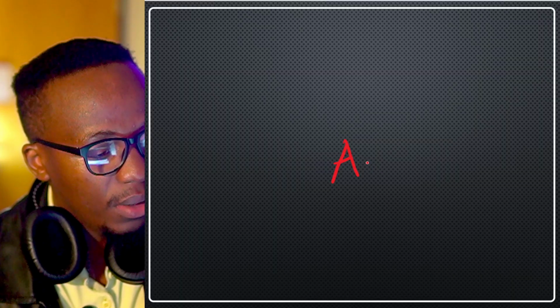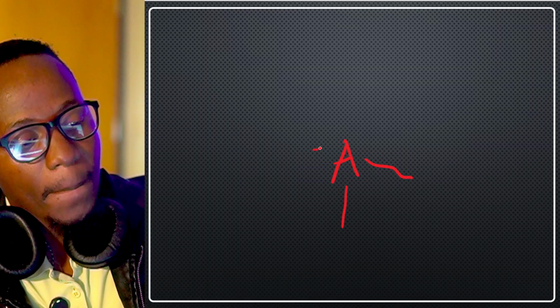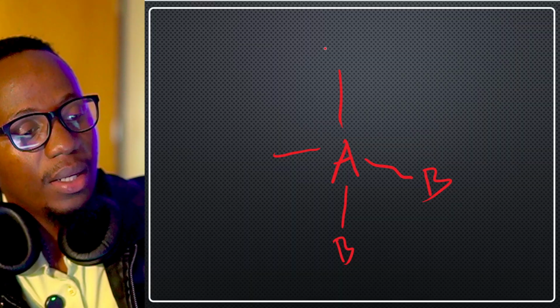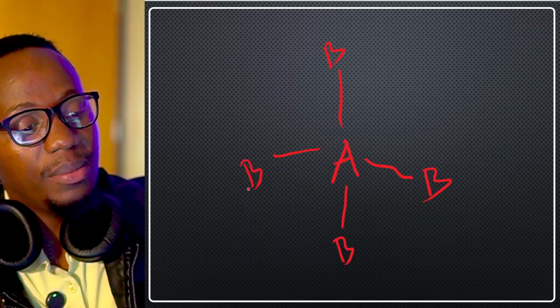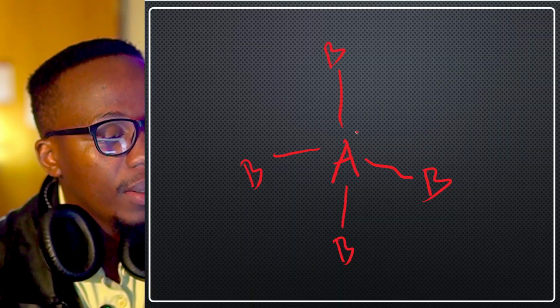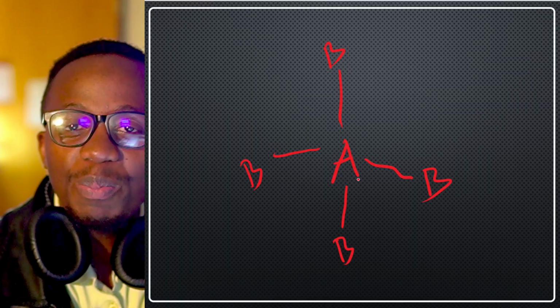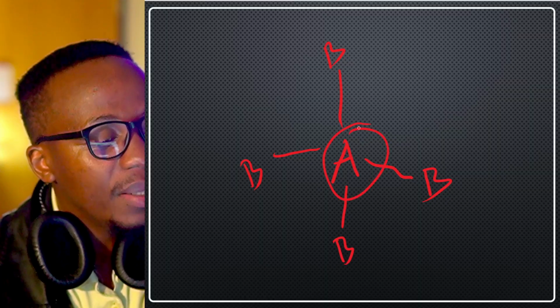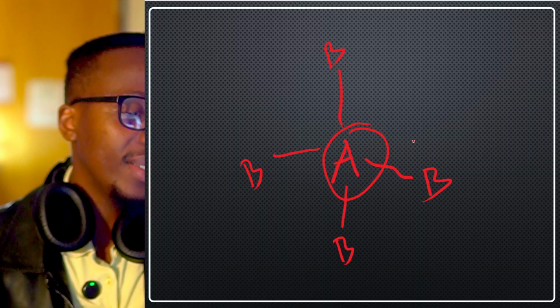So if you have, say, 4 things surrounding this central atom, and B will be our surrounding atoms, then we're going to be able to predict the geometry based on the central atom and the things surrounding it.